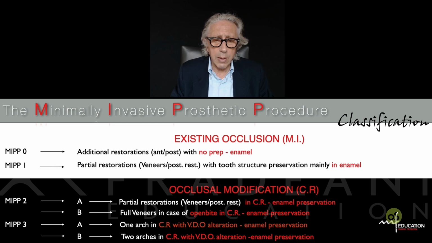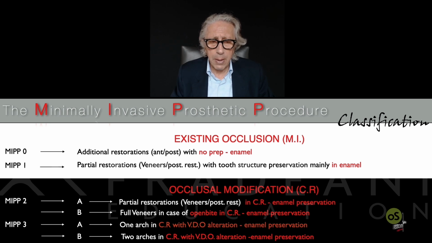And MIPP 1, like normal veneers, or posterior restorations, like only a buccal-occlusal veneer, with structural preservation mainly in enamel. Both of them, MIPP 0 and MIPP 1, are described as having the patient with their own occlusion. So they keep the occlusion that the patient has, the acquired occlusion. Acquired occlusion means maximal intercuspation position.